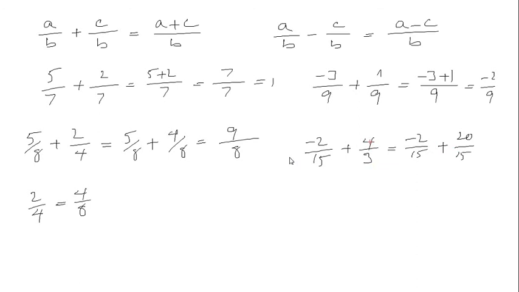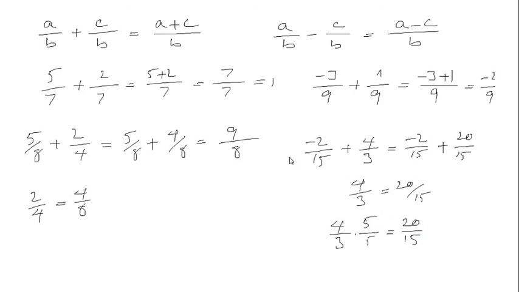So 4 over 3 is equal to 20 over 15, and by expressing this rational number as 20 over 15, we have created a common denominator. One way to know why 4 over 3 equals 20 over 15 is that I can multiply both 4 and 3 by 5, and this gives me 4 times 5, 20, and 3 times 5, 15.